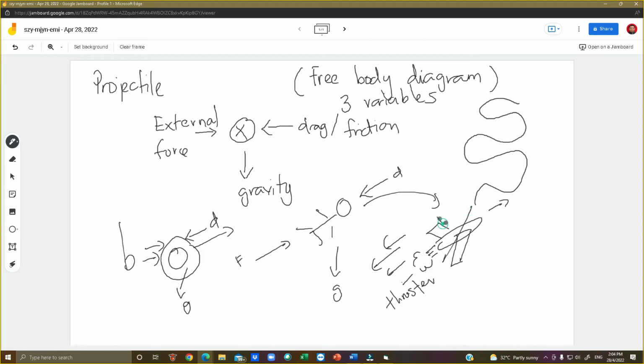This is not a projectile because it is not being subjected to external force. Jadi apa-apa benda yang melayang, senang cerita, is a projectile. Okay, any action in this world, most of it is actually a projectile.